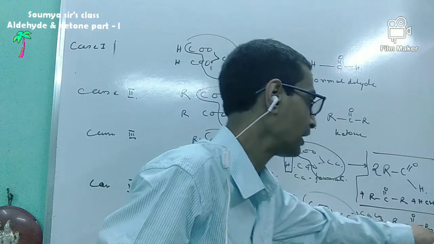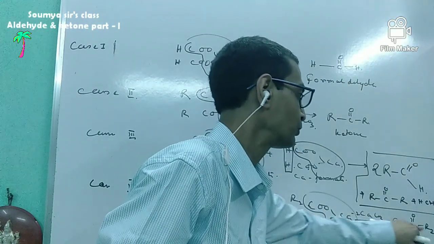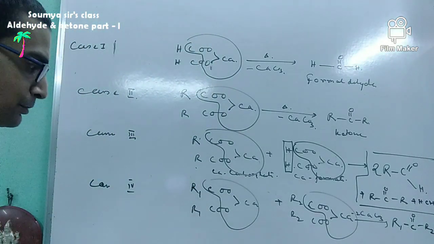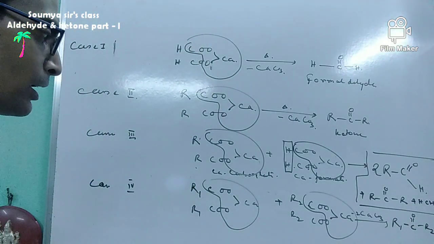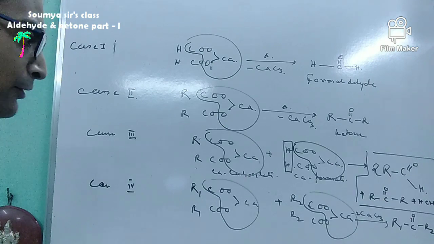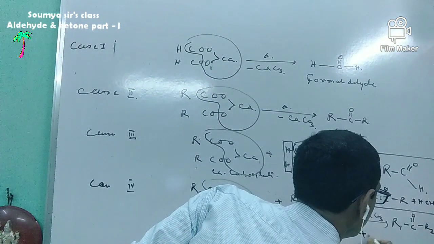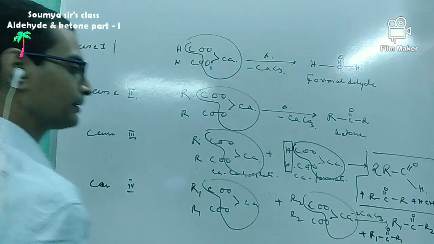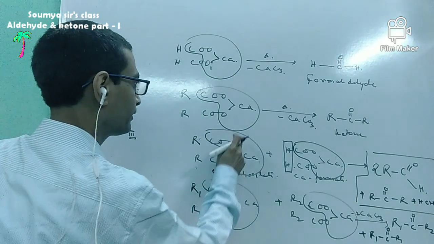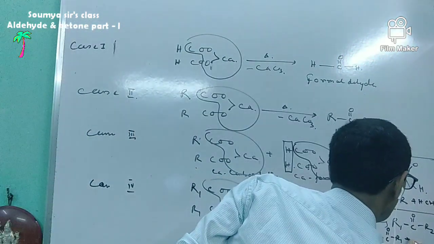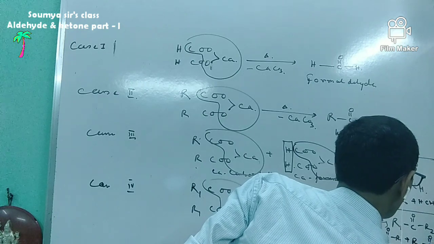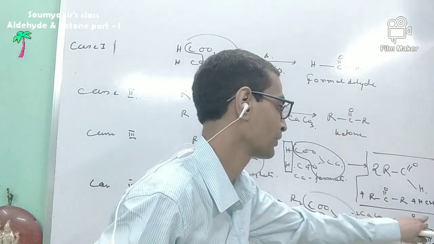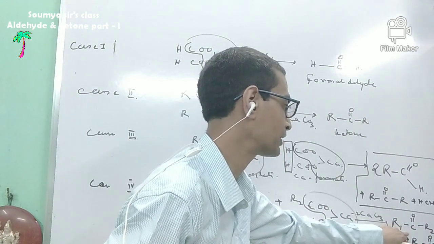But the first one, (R1COO)2Ca, will itself give another ketone, R1COR1, and the second carboxylate salt, as in case 2, will form R2COR2. So here it is a mixture of three ketones: one is our desired ketone and the other two are the other ketones. So here it is a mixture.